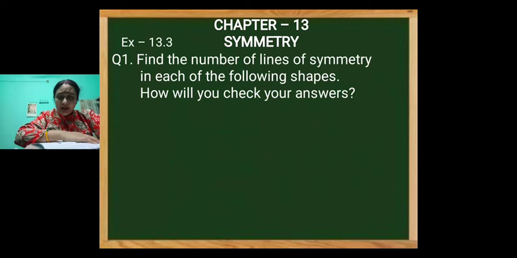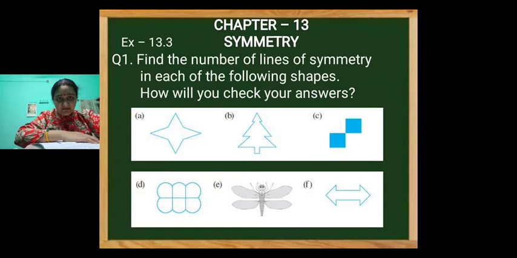How would you check your answers? These are the shapes we have here. You are supposed to find the number of lines of symmetry for each shape, and also tell how you would check your answers.